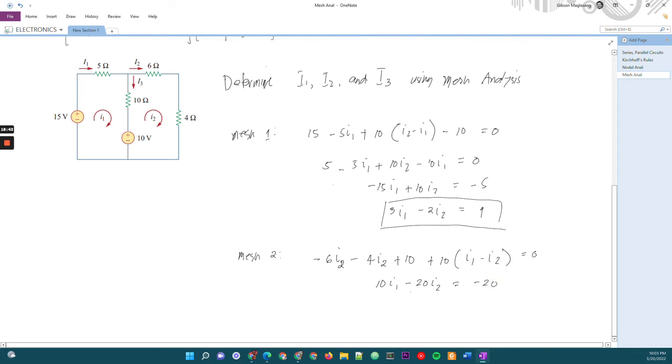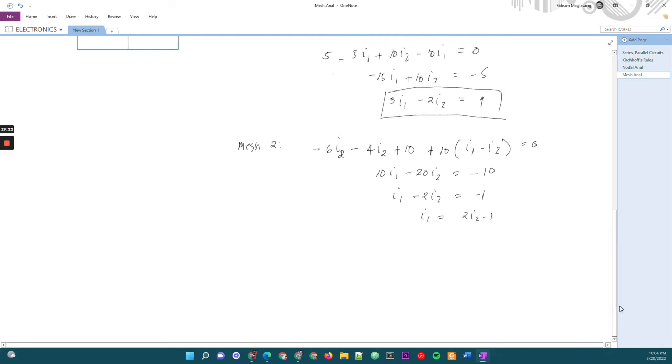So divide the whole thing by 10, I1 minus 2 I2 equals negative 2. Okay, sakto ba? Sorry, nasayap ko. This is only negative 10. Alright, and then this is negative 1. Or I1 is just 2 I2 minus 1.